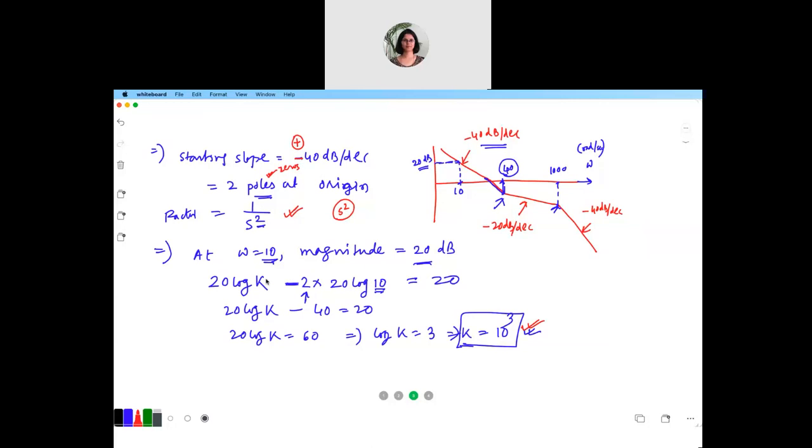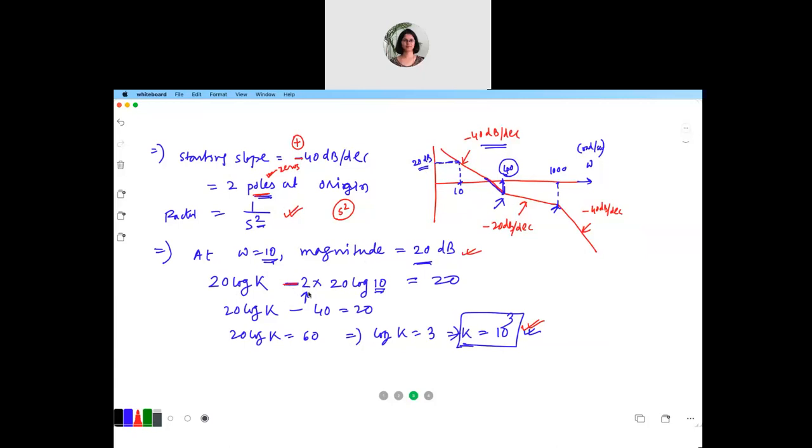Second thing is, at which frequency do you know the magnitude? At 10, you know the magnitude. So at omega equal to 10, the magnitude is 20 dB, which is known to us. Now what I will do: 20 log k, with a minus sign because it is poles here; it would have been plus if it was zeros.